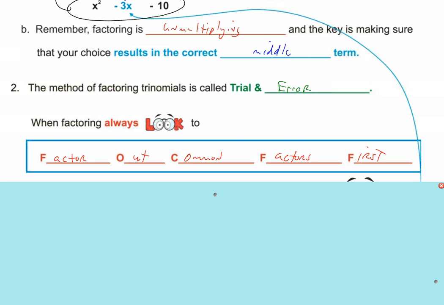Now, I'm going to bring this up 50 times this chapter, maybe more. And yet, listen now, students are still going to forget to factor out common factors first. And here's the reason why. It took me 30 years to figure out why, but I know why now. Not every problem has common factors.